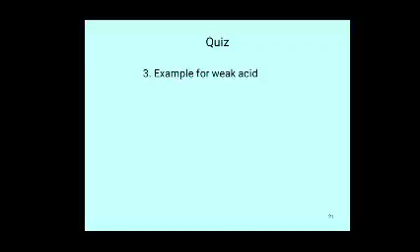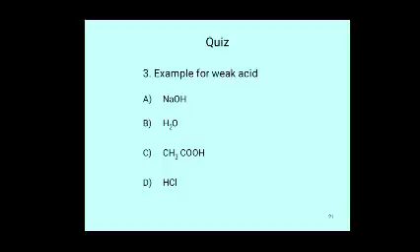Third one, example for weak acid. Options: A, NaOH; B, H2O; C, CH3COOH; D, HCl. What is a weak acid? An acid that undergoes incomplete ionization in aqueous solution is called a weak acid.